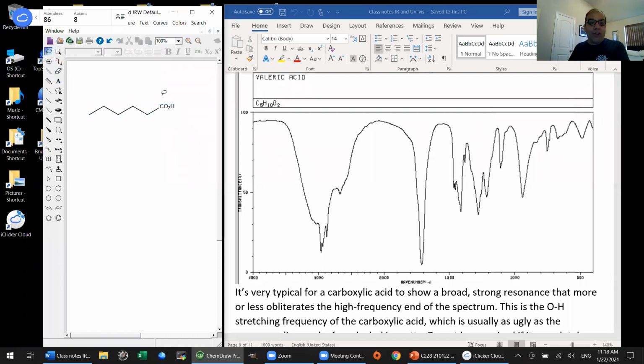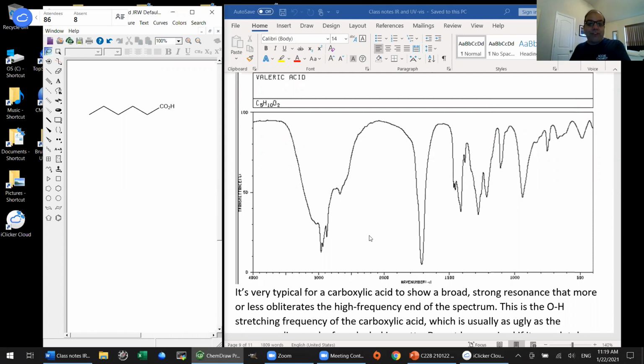So there is also an OH in carboxylic acids, as you know, and also we of course have the carbonyl, and we can see the carbonyl stretch very strong here at about, again, shall we call that 1710 maybe, something like that? It's very typical for a carboxylic acid.